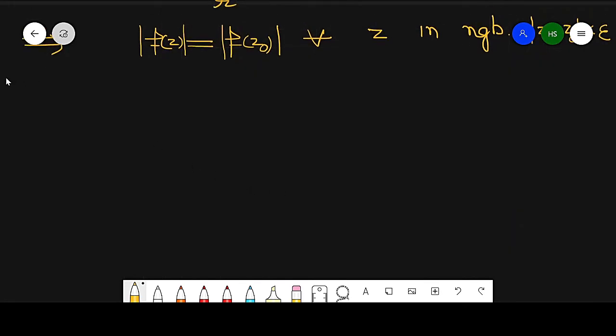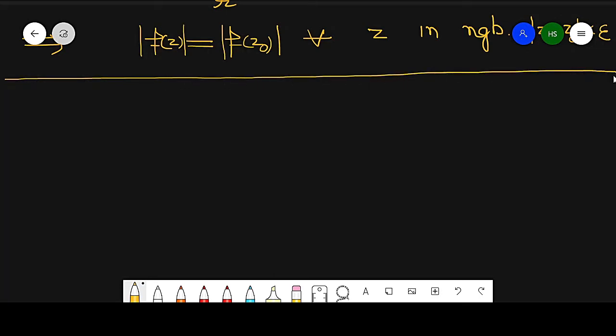So what we conclude from this lemma, now, what is the statement of the maximum modulus principle? This is very important. The maximum modulus principle.